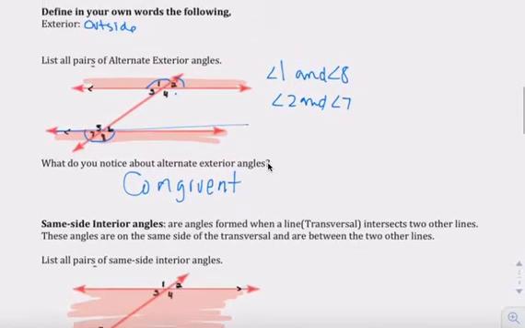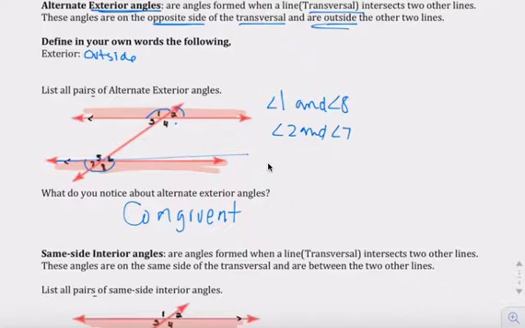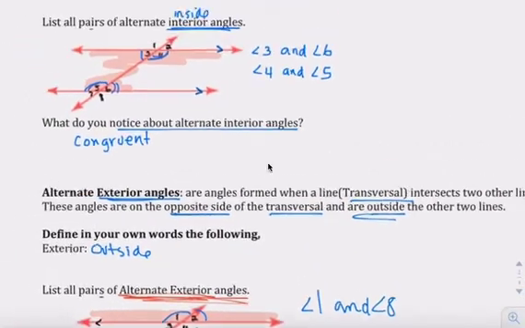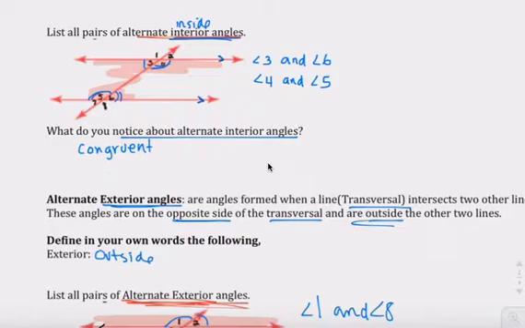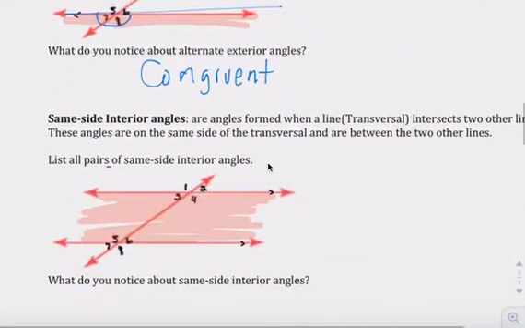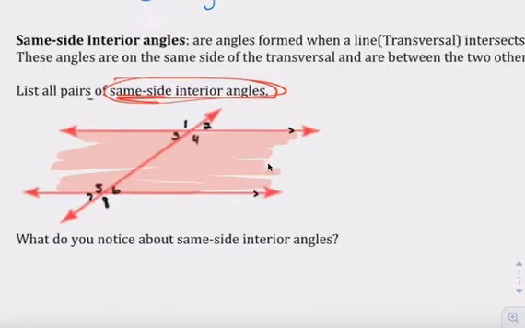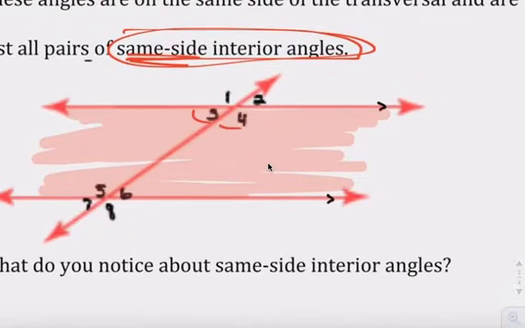Okay, let's go back and put this as alternate exterior. Highlight the vocabulary angles. Alternate interior. This is now same side. It's in its name, same side interior. Here are the same side.